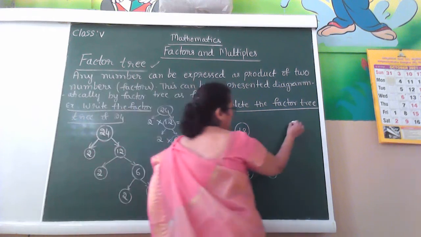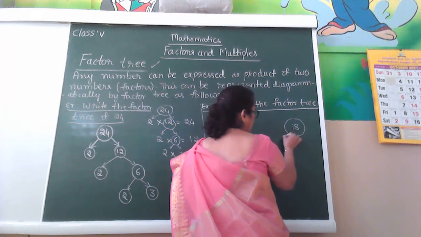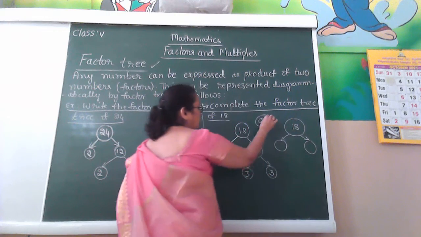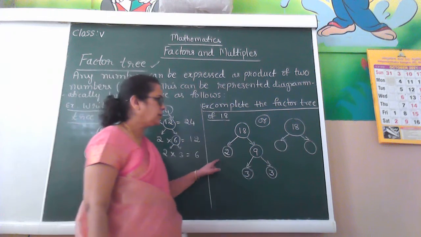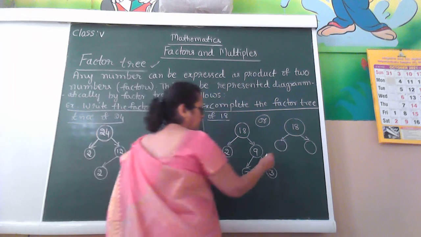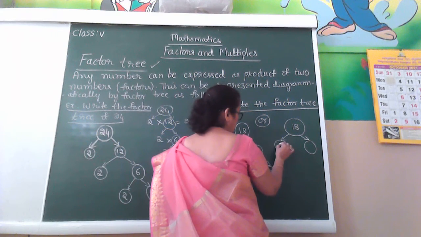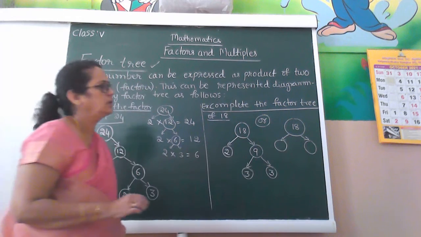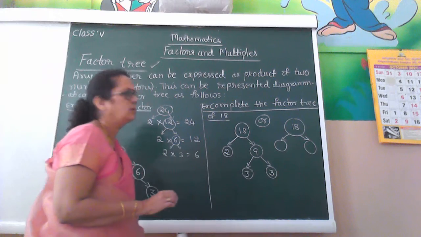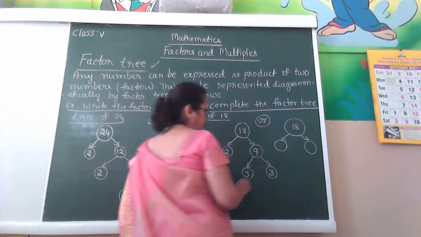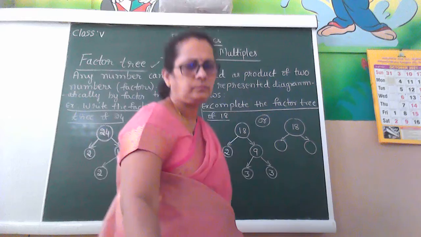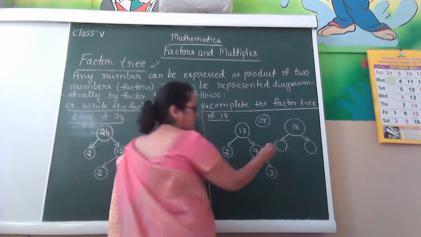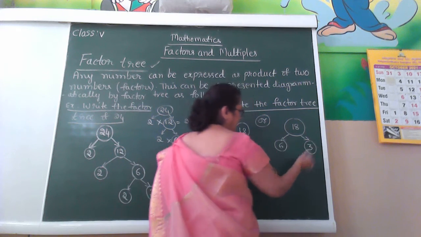Or another type, that is left to you. Next one, 6 3s are 18.